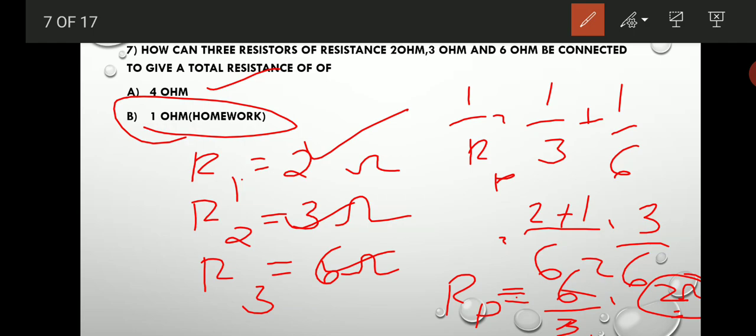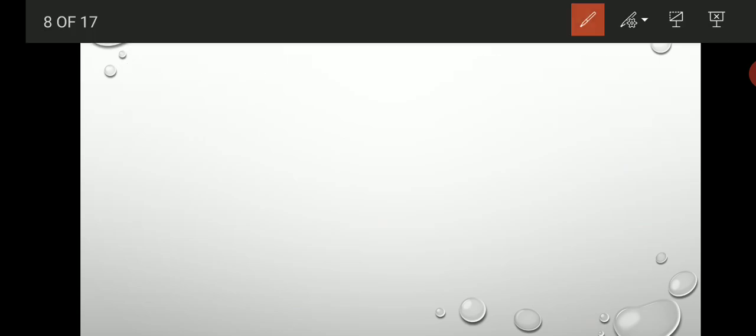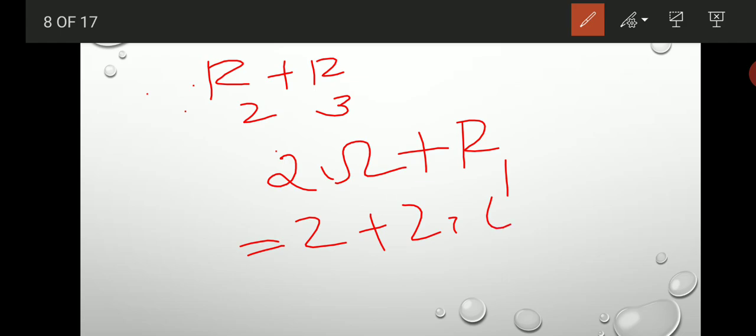That is, I'm connecting R1 and this Rp in series. Let me do it again. Three resistors are connected, and R2 and R3 are connected in parallel. So I got 2 ohm. Now this with R1, I'll get 2 plus 2 as 4 ohm.